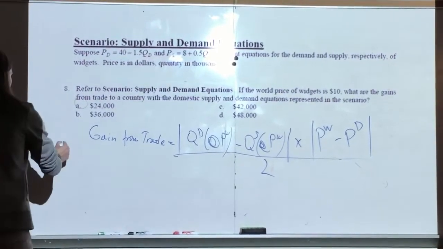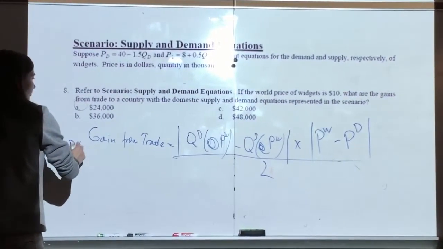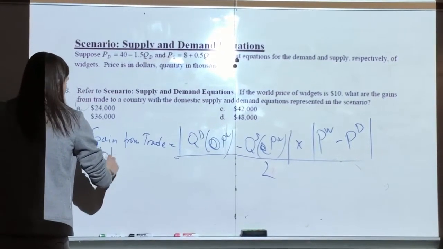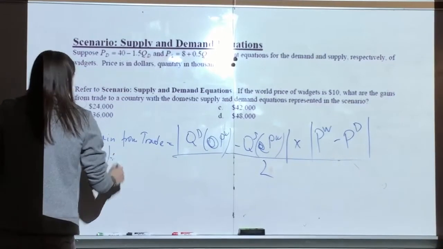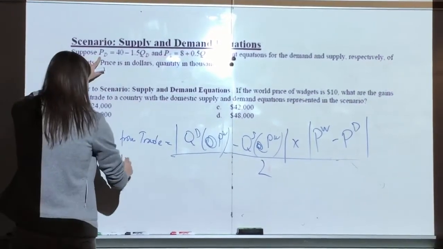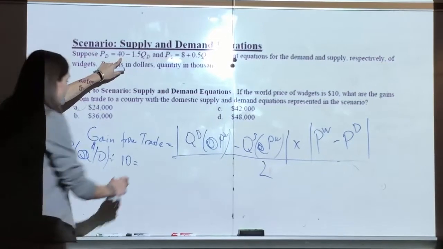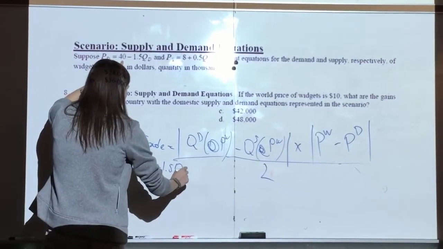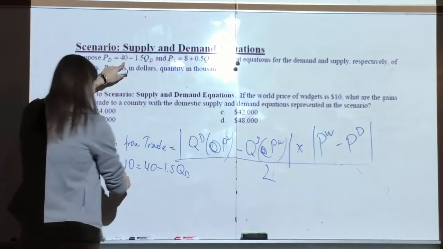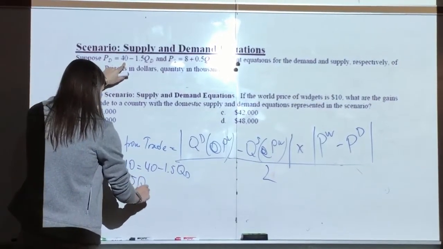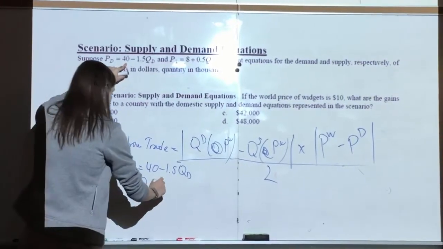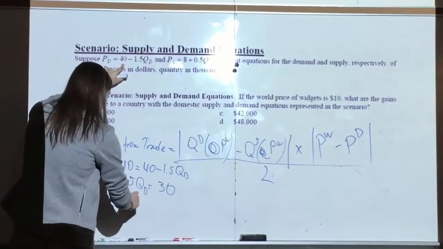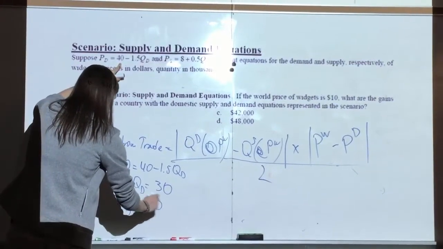So let's start with the quantity demanded at a price of $10. I set the price to 10, and I have 40 minus 1.5 quantity demanded. So 1.5 quantity demanded equals 30, so the quantity demanded at a price of 10 is 20.